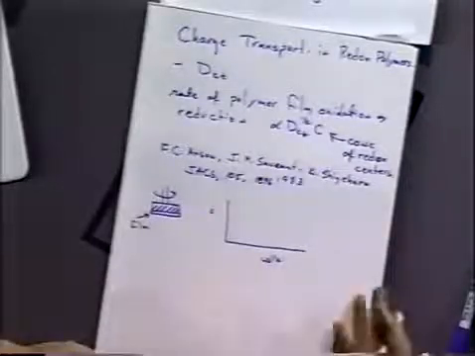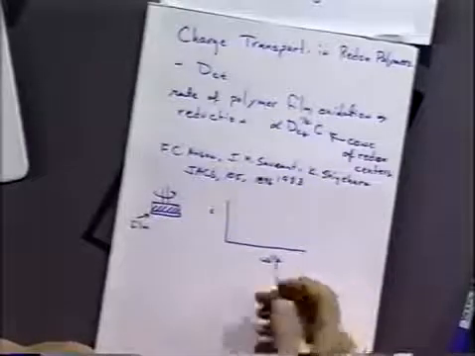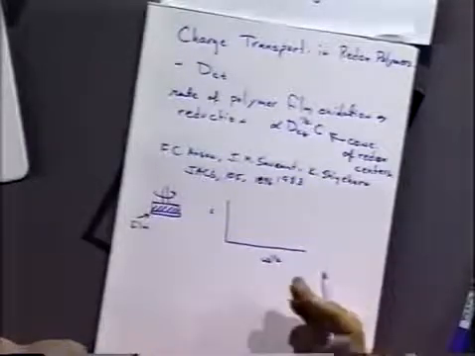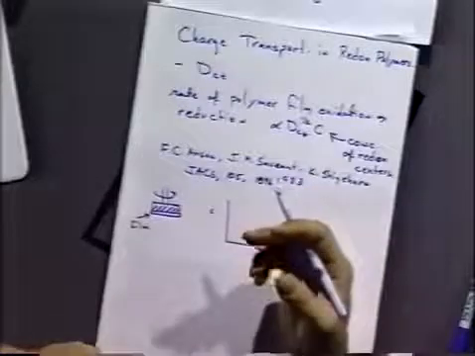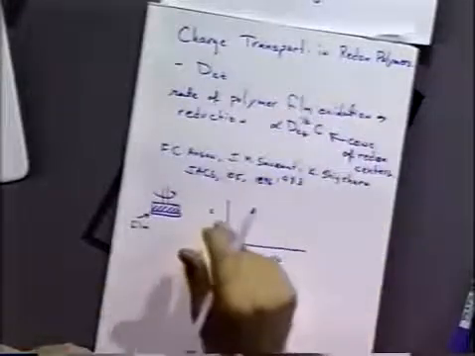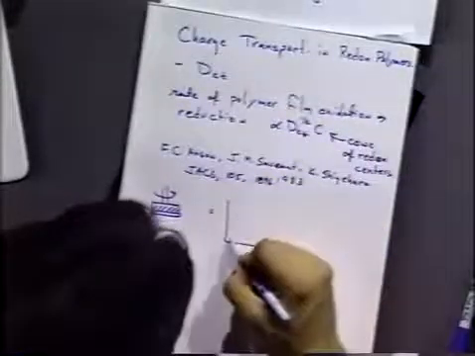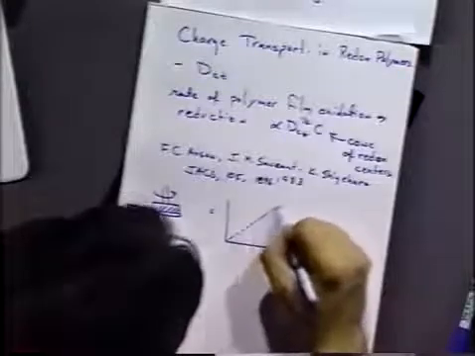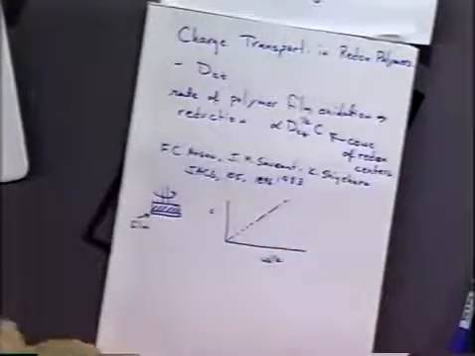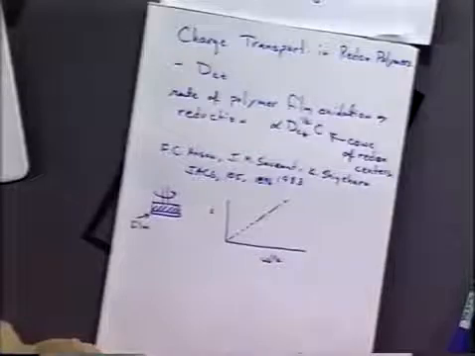We'll see this in the next little bit. Omega to the 1/2 is a rotation rate, and the faster we rotate this electrode, the faster the mass transport should be. So in an ideal case, we'd see this sort of behavior. The current would tend to increase linearly with the square root of the rotation speed.